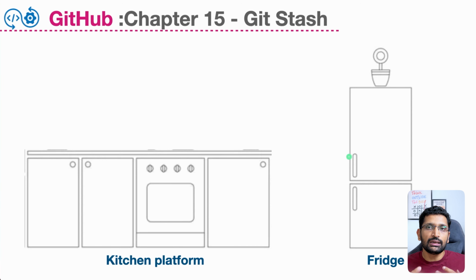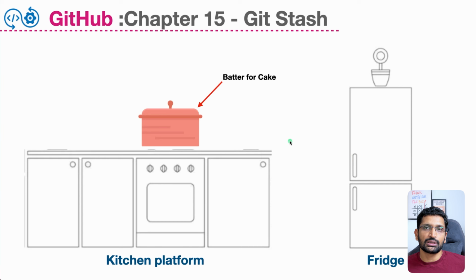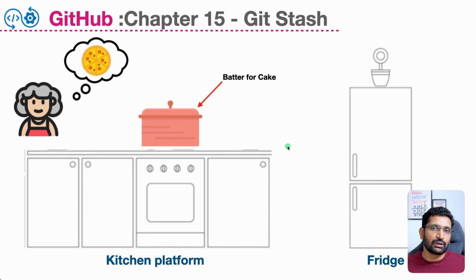Okay, so how does git stash work? Let's consider a scenario where you're baking a cake and you have prepared a batter for your cake. But on that particular day, your wife comes and says, no, I don't want to eat cake, I want to eat pizza. But you already prepared a batter for your cake.